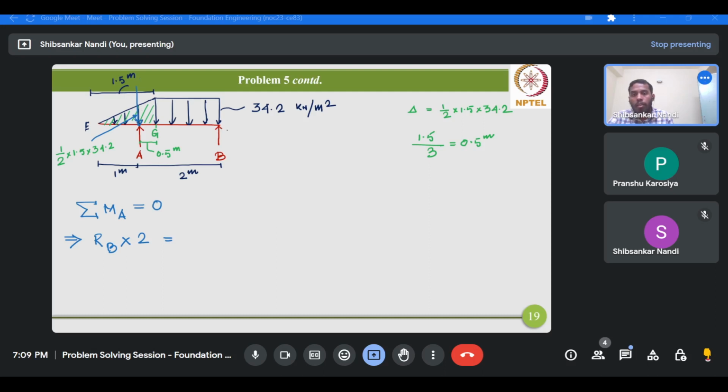So this RB will create some moment in the anti-clockwise direction, and the applied active pressure will create some moment in the clockwise direction. Therefore this moment should be balanced by the moment created by the active force. So therefore this will be 34.2 divided by, now what is this distance? This distance is again 1.5 meter.